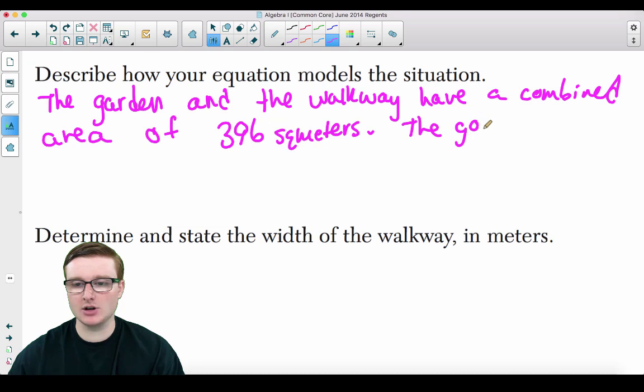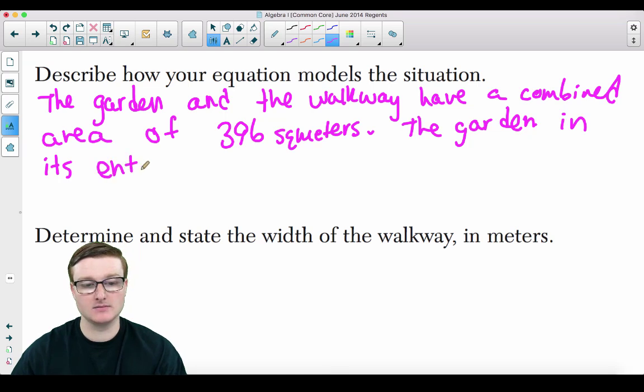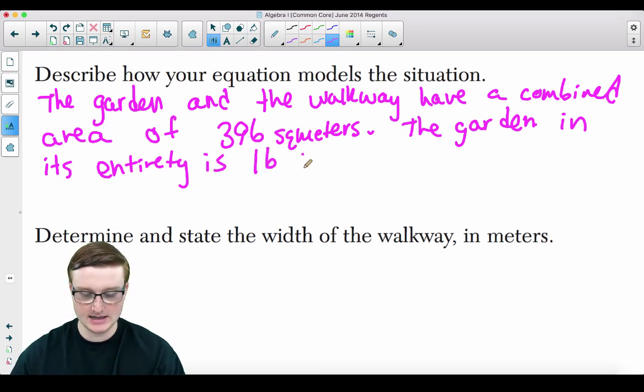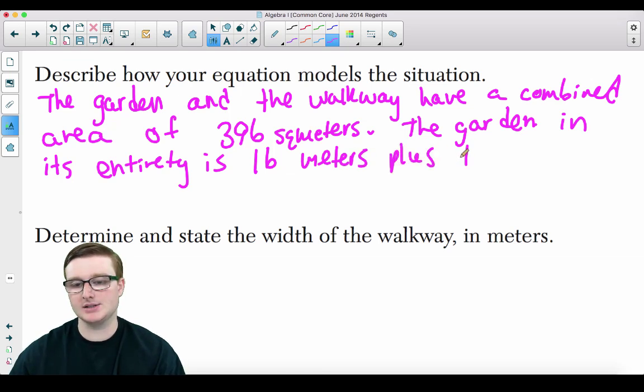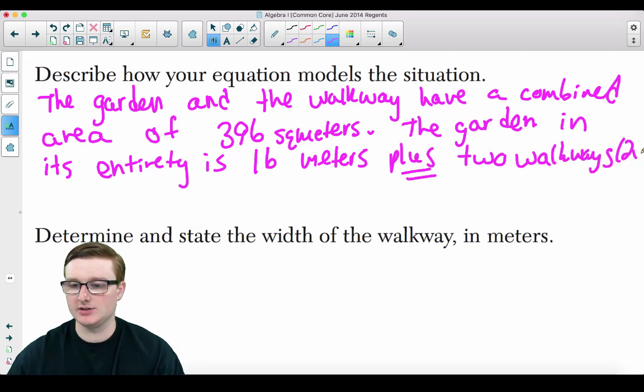The garden in its entirety is 16 meters plus the 2 walkways, which is your 2x.